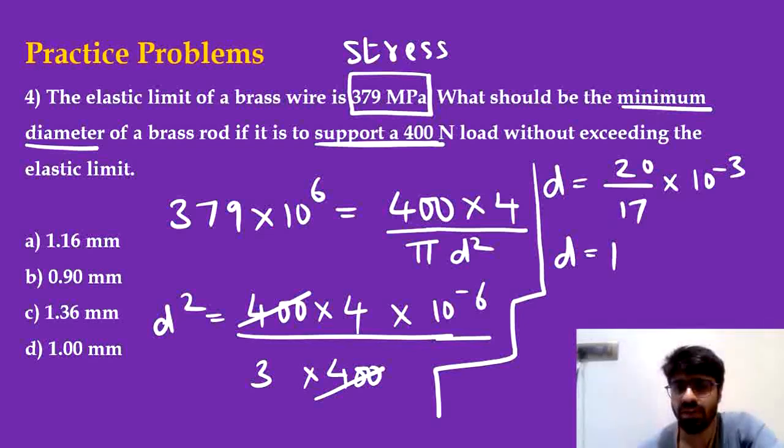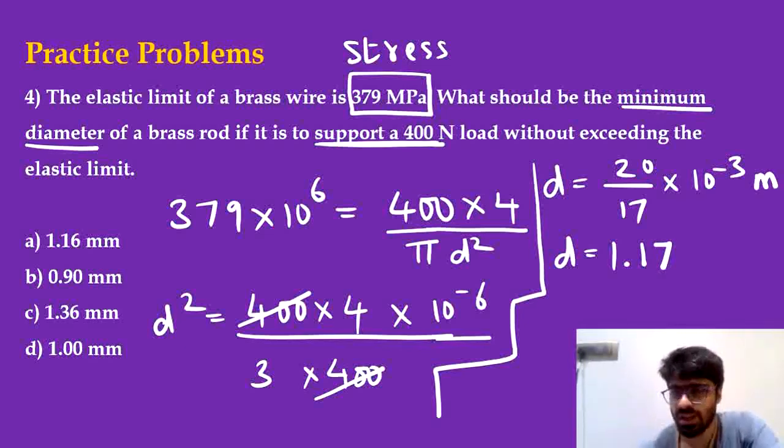If we try to divide it, this would be 1 point. We get a 3 in the denominator. That makes it 30. 17 ones are 17. Then 13, so 130. 17 into what should give me something? 17 fives are 85, 17 sevens are 119. So 1.17 approximately is what I am getting, into 10 to the power 3, into 10 to the power minus 3.